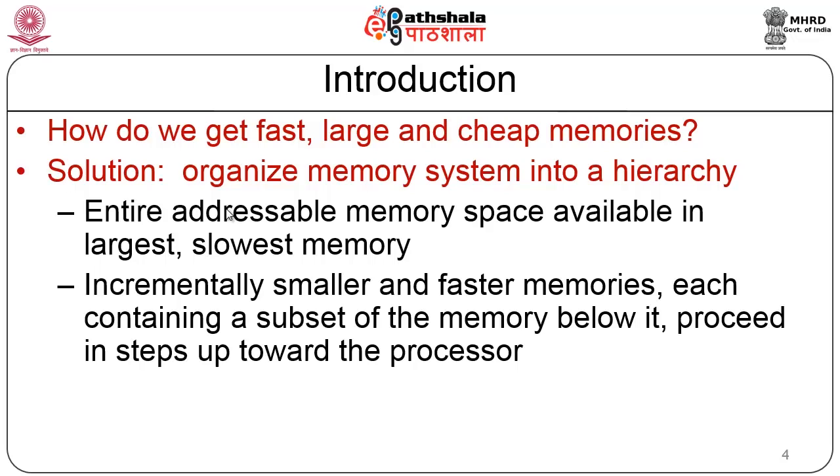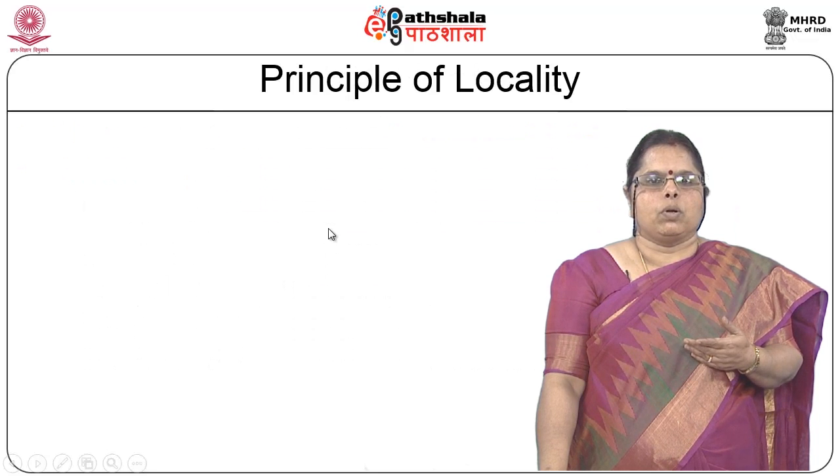The memory closest to the processor is going to be the fastest, so that it is able to supply the processor with data to some extent on par with the processor, and your capacity requirements are satisfied as we move away from the processor.